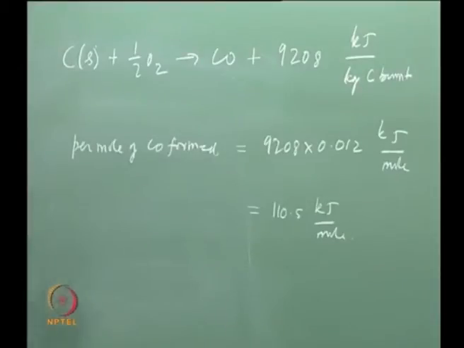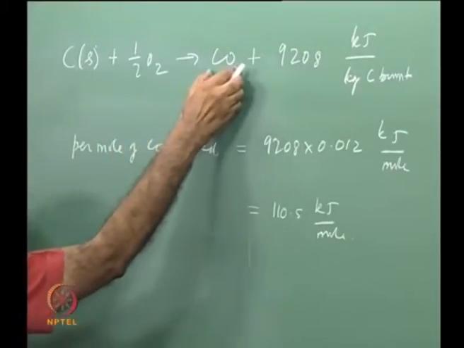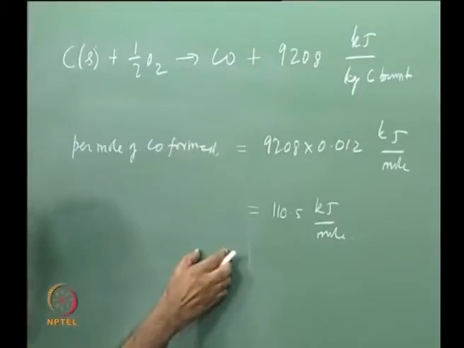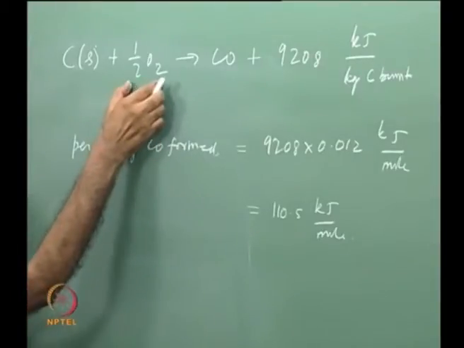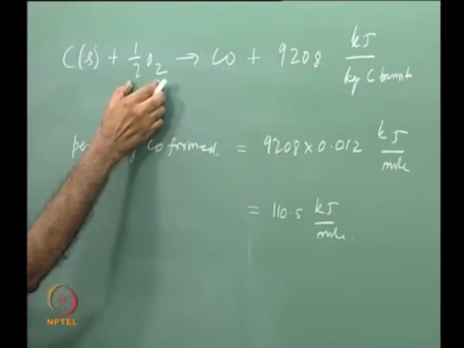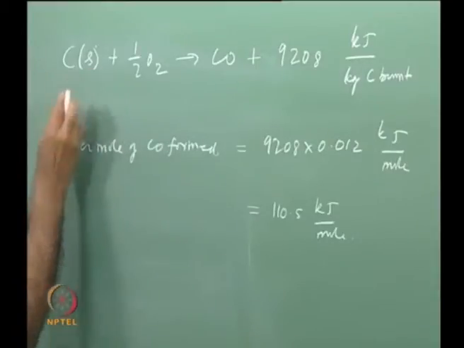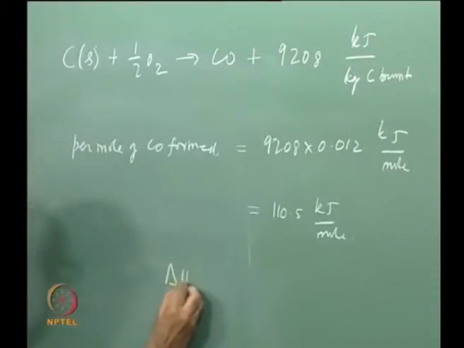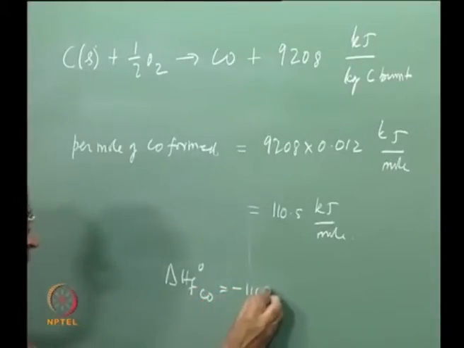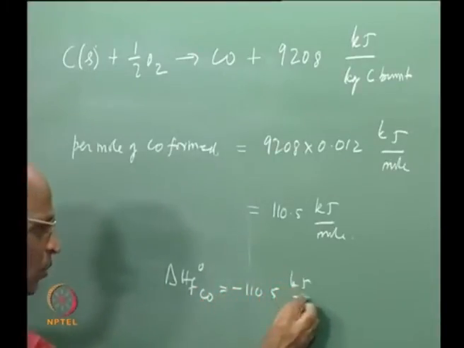And what is happening is heat is getting generated, carbon monoxide gets heated, I have to bring it back to the same standard condition of 25 degrees, with oxygen element and carbon element, and therefore the heat of formation of carbon monoxide we say is minus 110.5 kilojoule per mole.